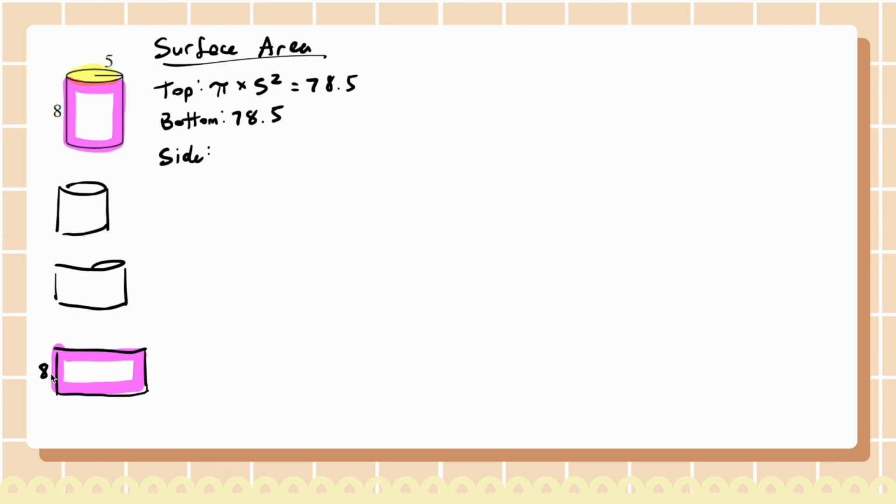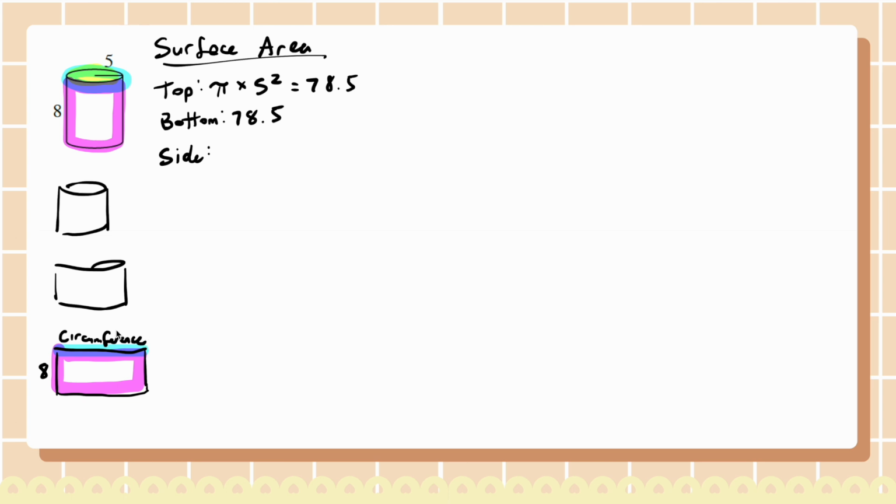So here's our height, but what is the base of this rectangle? Well, notice that here along our edge is the base, right? If we take a look around here, this is where it wraps around the outside of the circle. And what do we call the length around the outside of the circle? Well, that's going to be our circumference. So the base of this rectangle is actually the circumference of the circle.